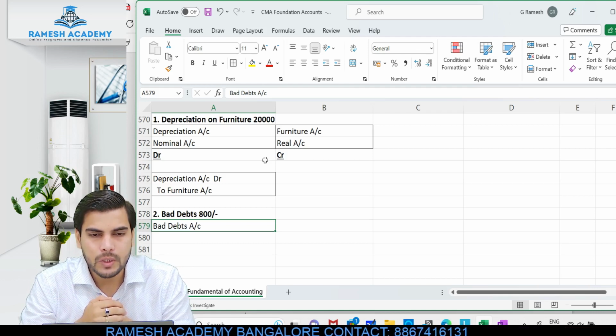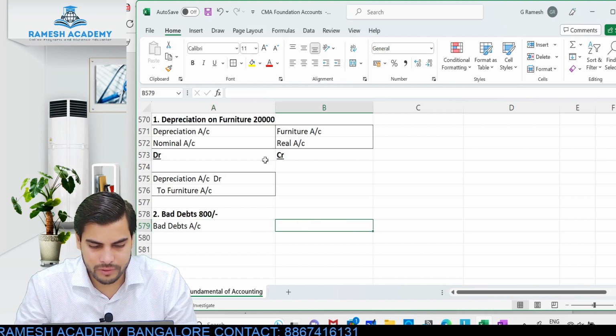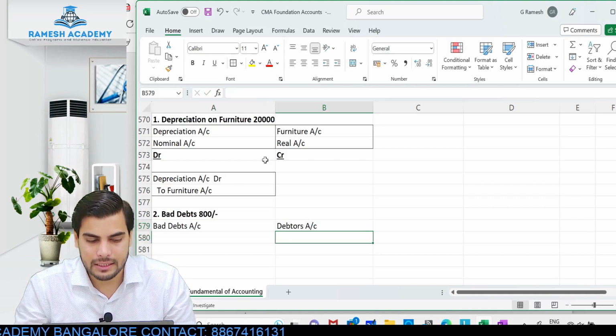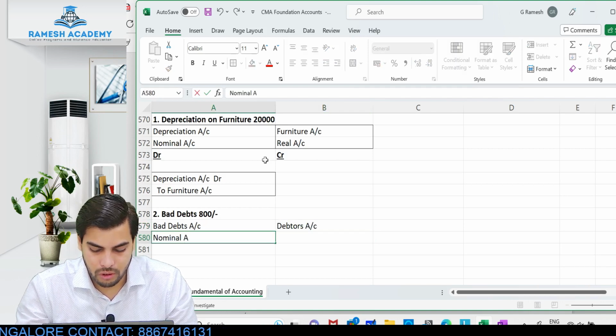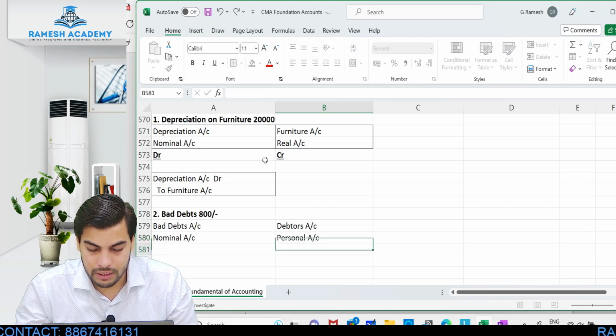You were supposed to collect the amount from your customers. Now your customers are not paying, so the other account which will get affected would be your customers account, or you can call it debtors account. Look at this: this would be nominal in nature and this debtors would be personal in nature.